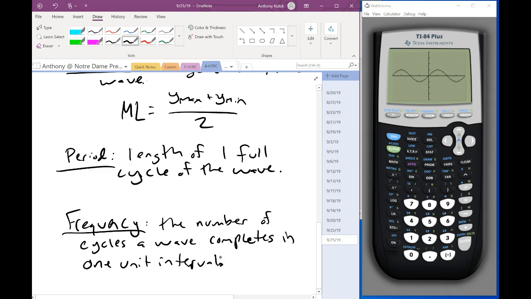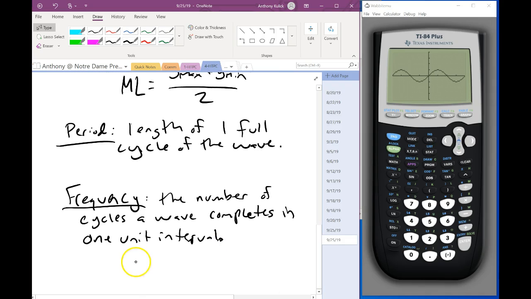So that's not terribly meaningful to me. What's often much more useful is that the frequency and the period are reciprocals. So the frequency is just going to be equal to 1 over the period.